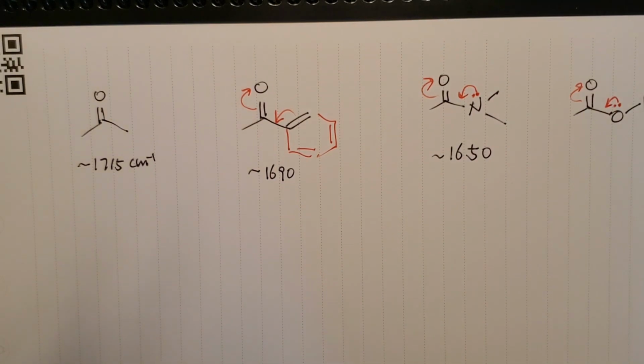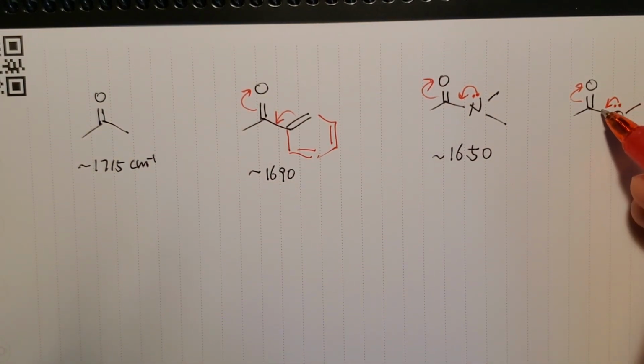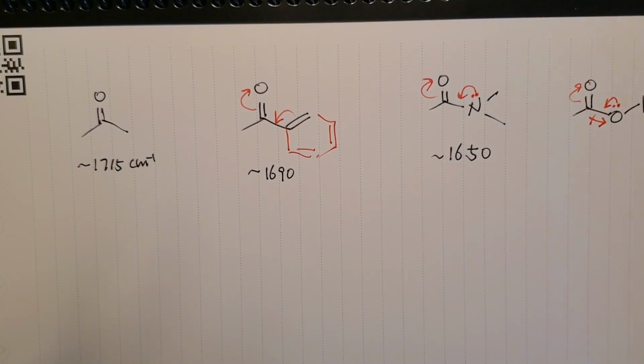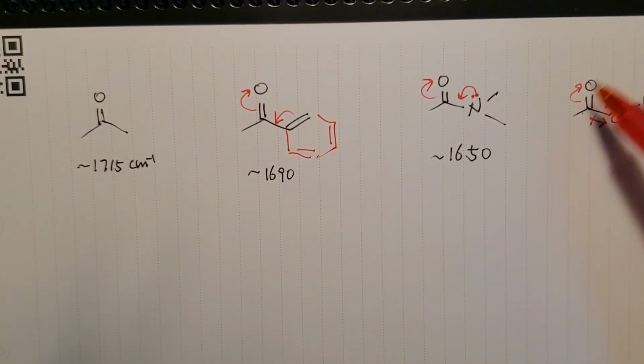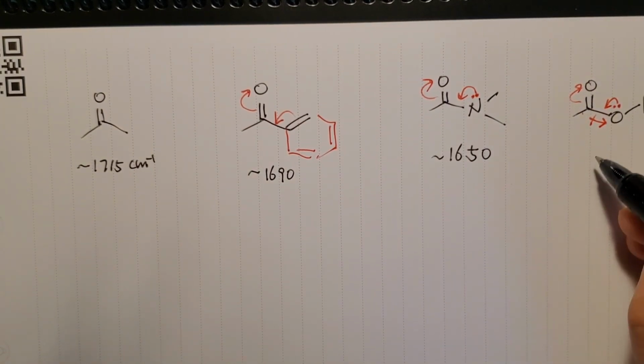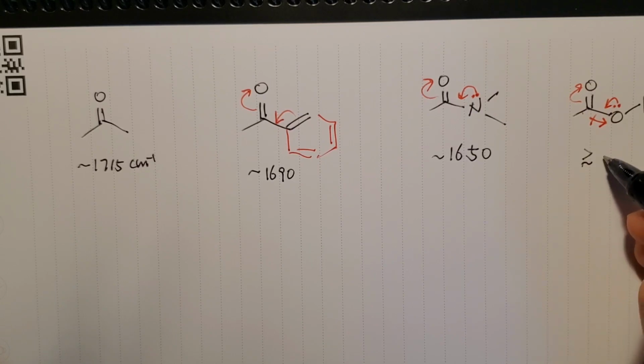Also, while the resonance is weakening the bond, you have strong electronegativity of oxygen, able to make the carbon more electronegative. Thus, the electron here becomes somewhat more stable inductively. So inductive effect and resonance effect are working against each other, and the outcome could be over 1700, to be safe, 1735.